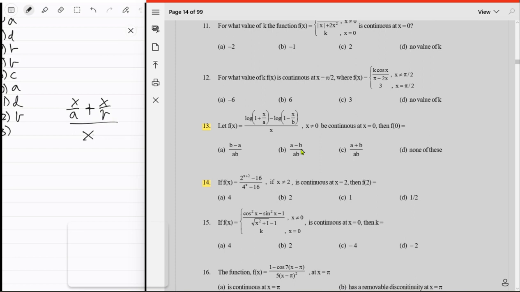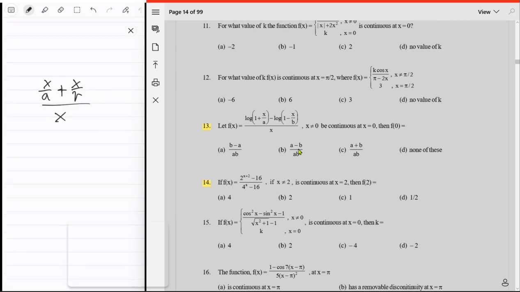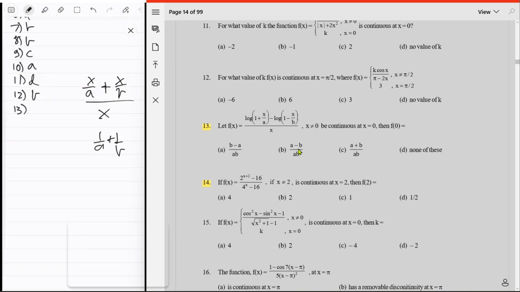Negative natural log of 1 minus x is equal to x plus x squared and so on. You get the thing, right? So approximate negative natural log of 1 minus x as x. So this is x upon b. Of course 1 upon a plus 1 upon b is the limit, which is a plus b upon ab. That's C. Next question.